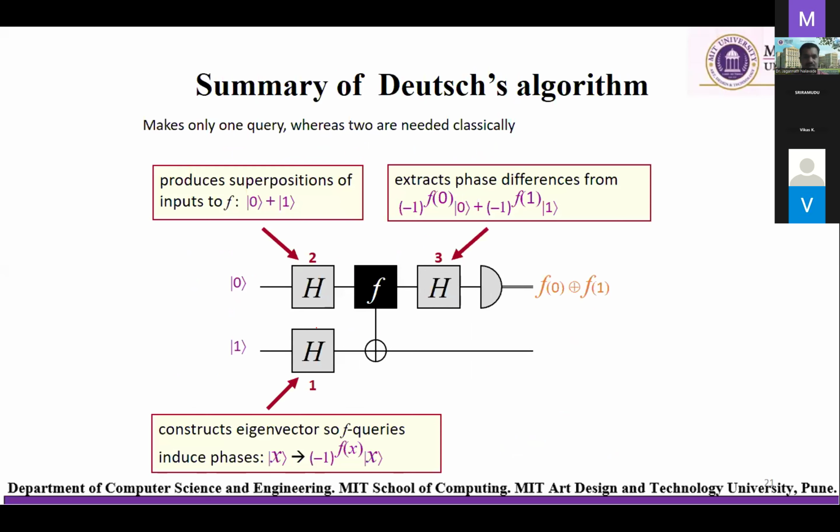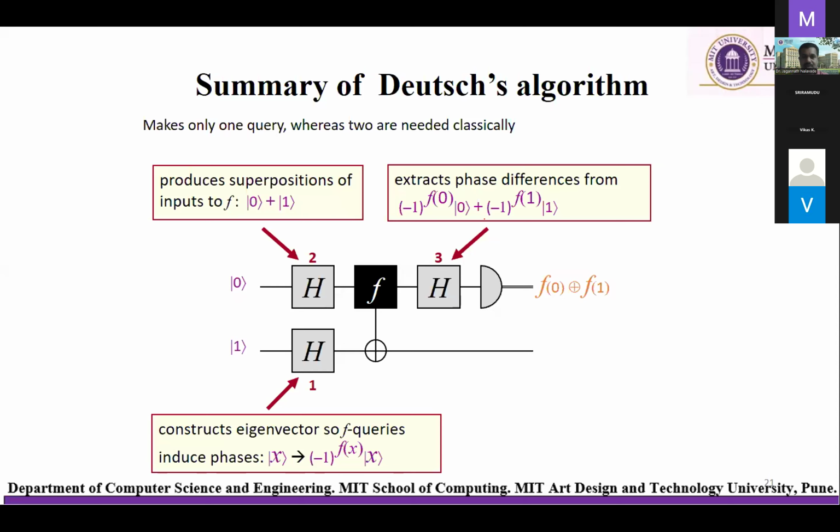First, this particular Hadamard gate constructs the eigenvectors. So f queries induce the phases minus 1 raised to the f of x, ket x. Then second, the Hadamard gate produces the superposition of inputs to the function f, ket 0 plus ket 1.